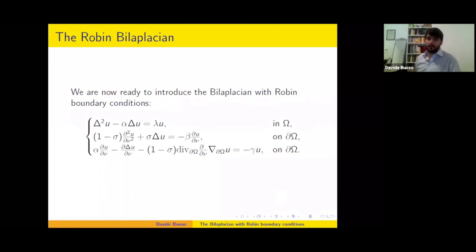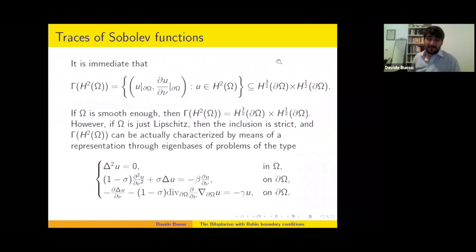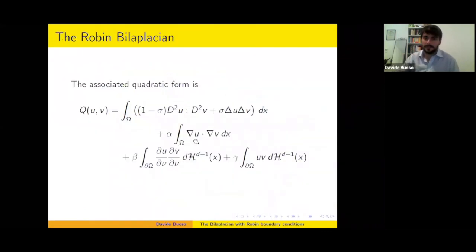From an engineering point of view, it could make a lot of sense. Mathematically, it seems to me, though this is just a feeling, that this is the most relevant problem because, as I told you, this problem is also related with the problem of traces of H2 functions, where you have a problem of this type coming out. So you see that in this case, you have a problem which is precisely like this.